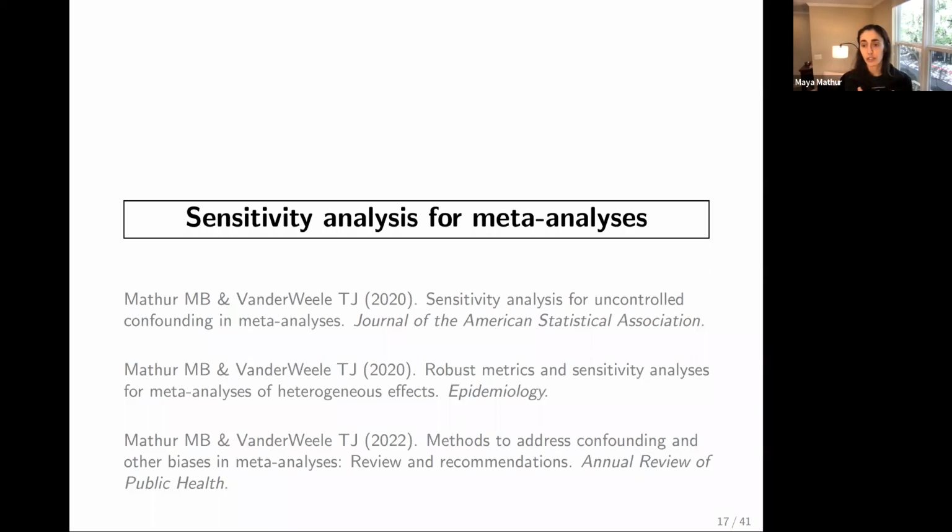And so it is true that the e-value is characterizing risk ratios that are equal. It's not an assumption in that it's basically saying, what is the joint minimum? Let's try to be as conservative as possible, given that we're not assuming anything about which risk ratio is larger, and then find the joint minimum. It does bring up an important point, though, which is that sometimes we're in a setting where we actually do have some information about the confounder, especially if we're doing an individual study rather than a meta-analysis.